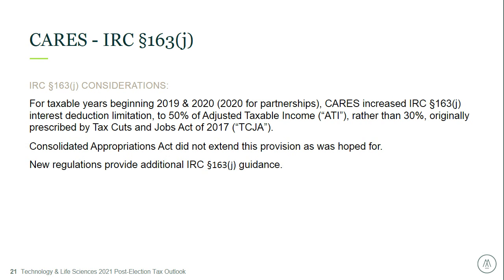Instead, your interest deduction limitation is going to be equal to 50% of your adjusted taxable income, meaning companies could deduct additional interest expense currently. We were hoping, again, that the Appropriations Act would extend this particular provision just because it is so valuable. Unfortunately, it did not. Another thing to think about is that new regulations were issued throughout the year that provided additional IRC 163(j) guidance.